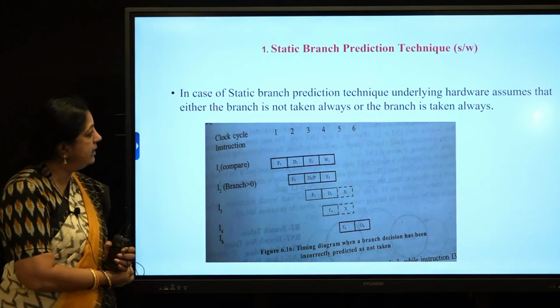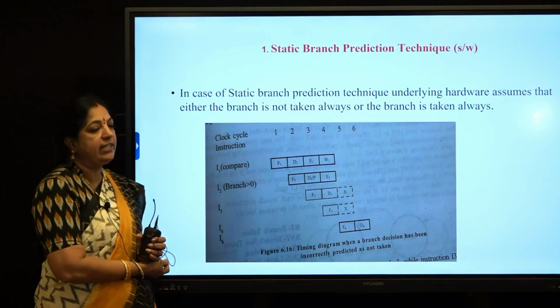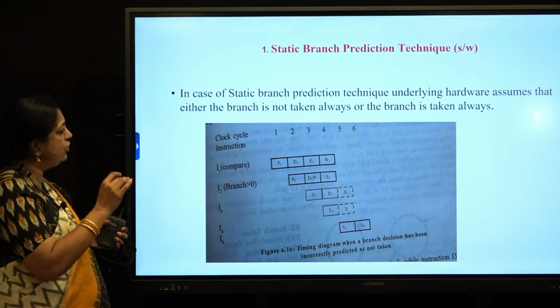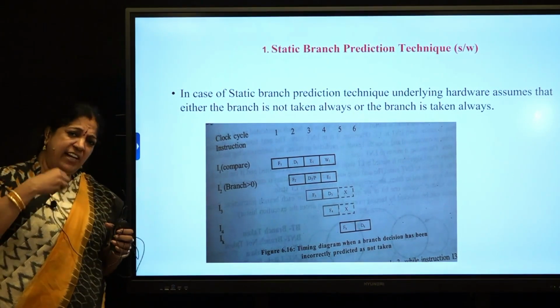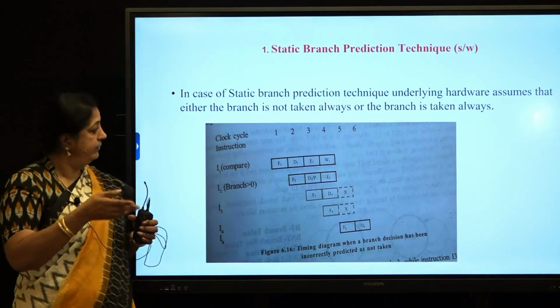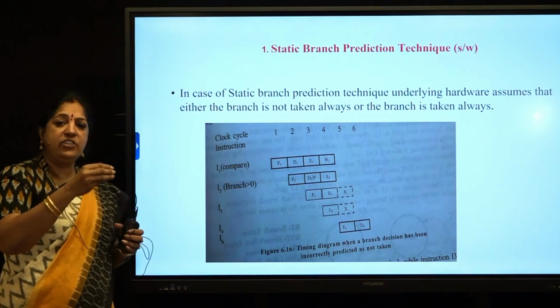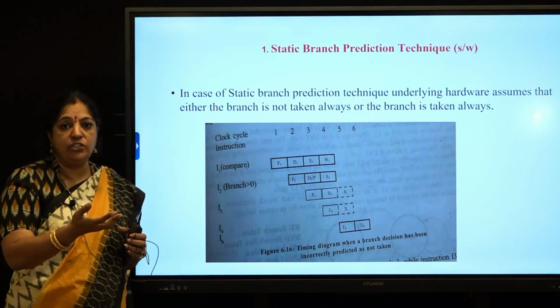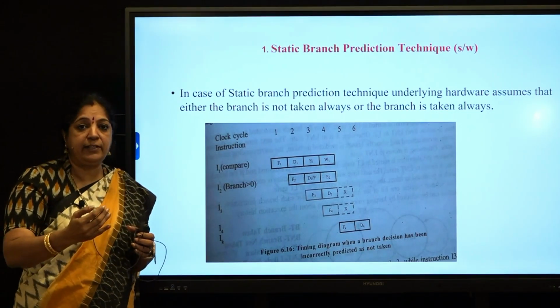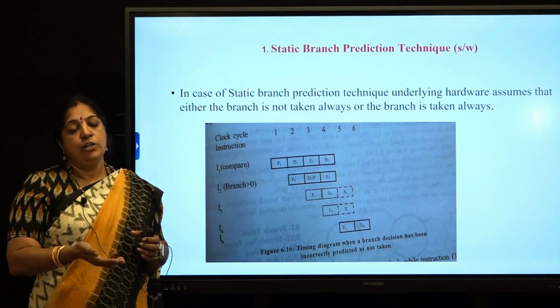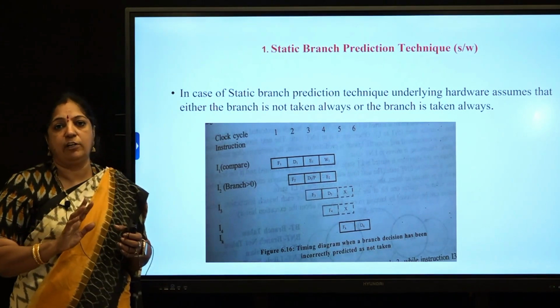In the static branch prediction technique, the hardware always assumes the same thing: either it always predicts that there is a branch, or it always predicts that there is no branch. For both we have the logic.